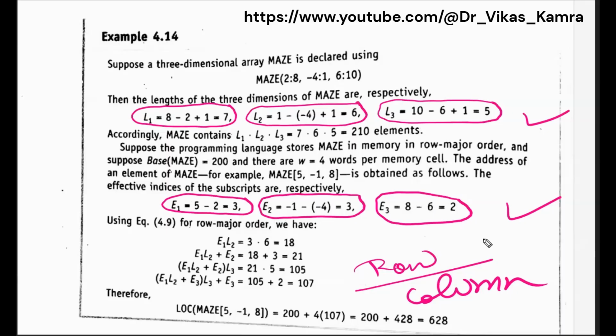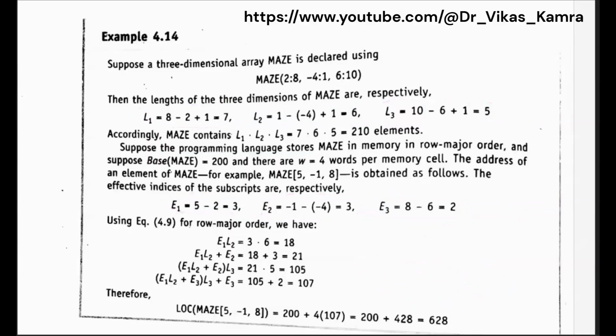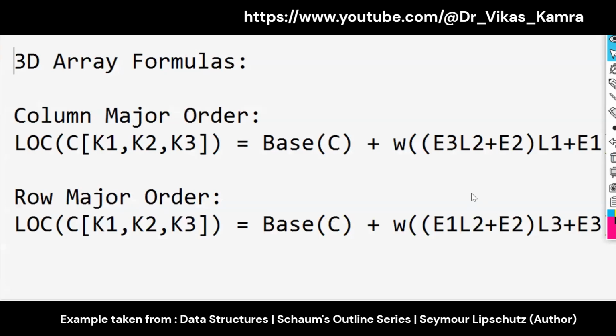Now, a shortcut I am giving to all of you, because it is very difficult in a multi-dimensional array to derive the formula. So I have derived the formula for a three-dimensional array, and you can remember these formulas. You have to remember these three formulas if you want to find the address of an element in a three-dimensional array.